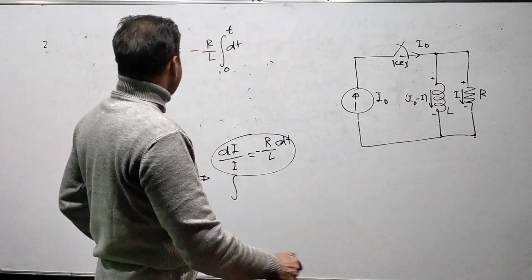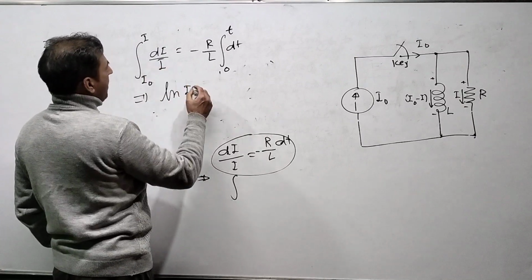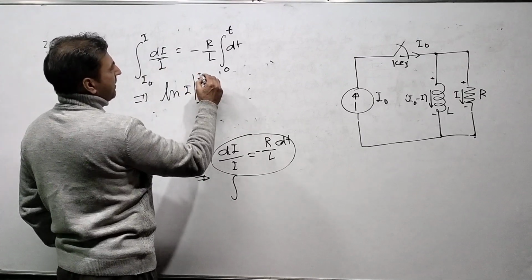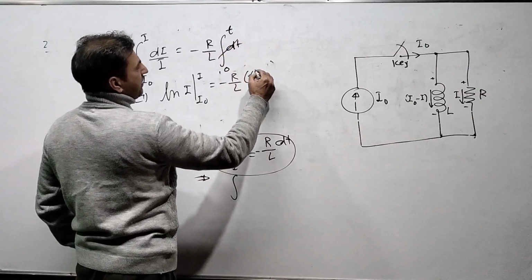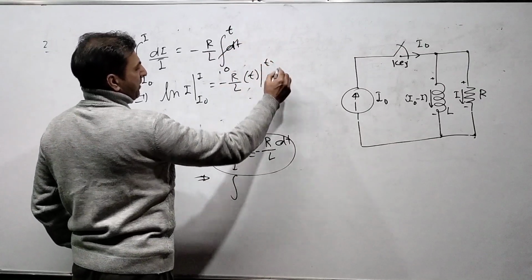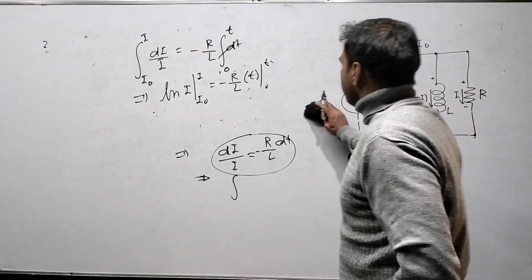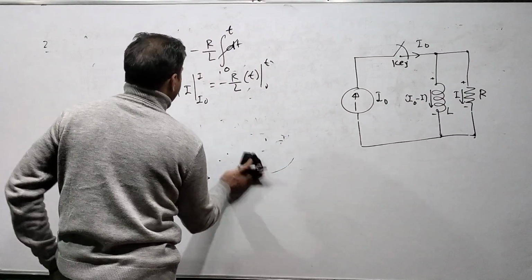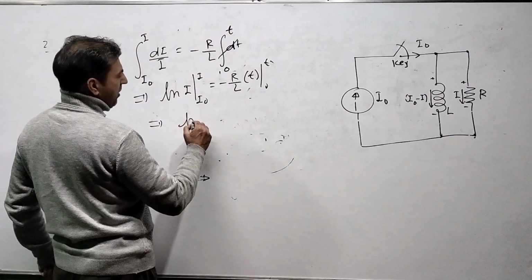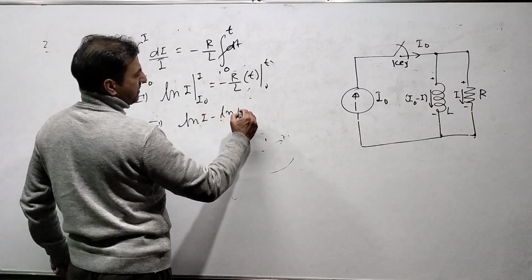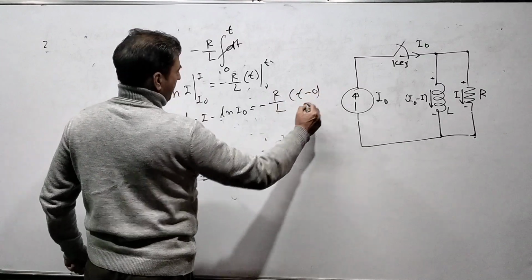Okay. Now it is ln I under the limits I0 to I, minus R by L, t under 0 to t. Now when you substitute this, I and I0, ln of I minus ln I0 is equal to minus R by L, t minus 0.